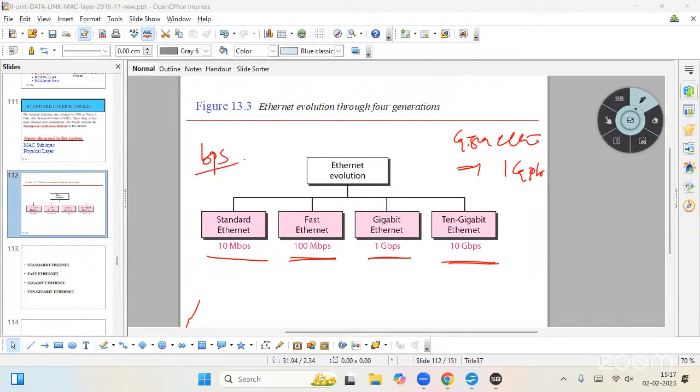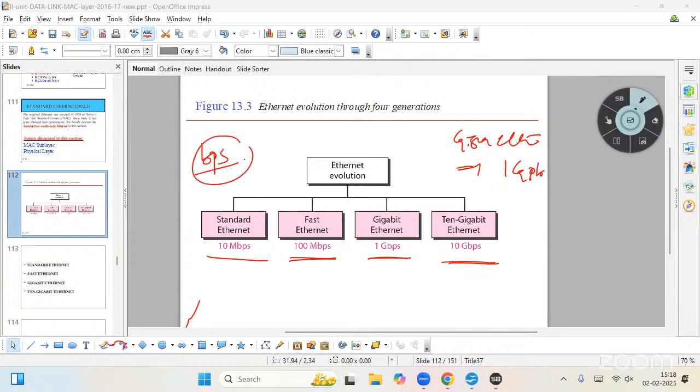What is BPS? Simple question. Bits per second. BPS is used for bits per second.